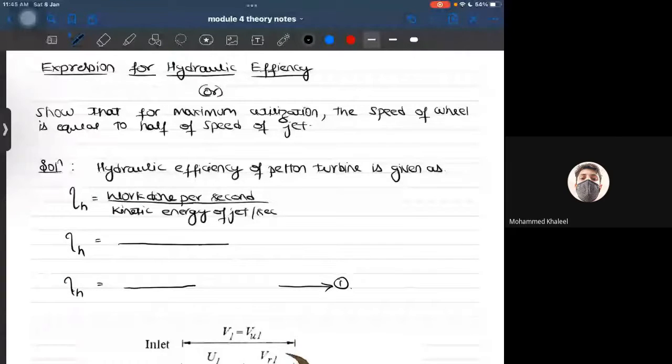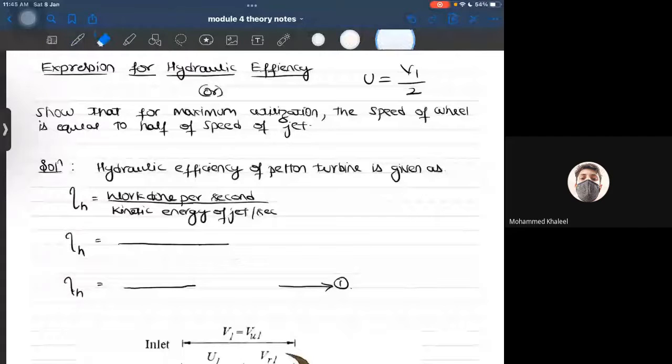That means the speed of the wheel is U, the speed of the jet is V1. So U must be equal to half of V1. If U is equal to V1 by 2, then there is maximum efficiency or maximum utilization. Same conditions you have as derived for the Curtis, De Laval and Parsons turbines.